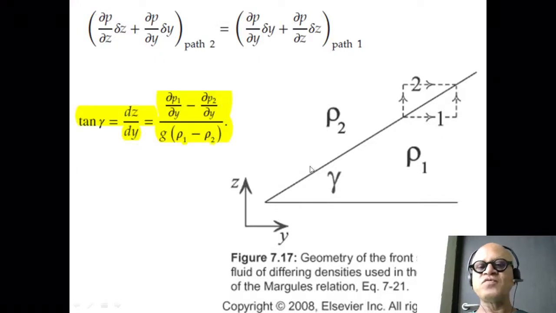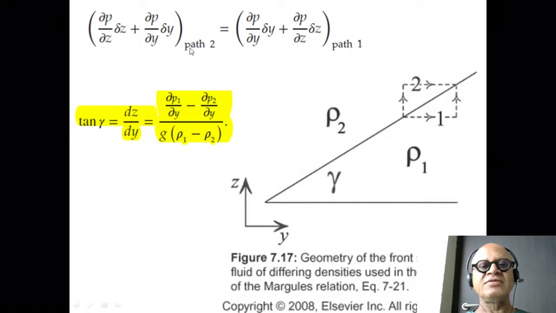What does that give you? You can write tan gamma as dz/dy. dz/dy is tan of this angle gamma. So you have dp1/dy. You can write those from here. You can write delta z, right, as, let's say this is dp2/dz, dp2/dy, and this is dp1/dy, dp1/dz.